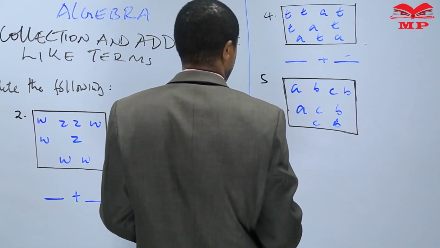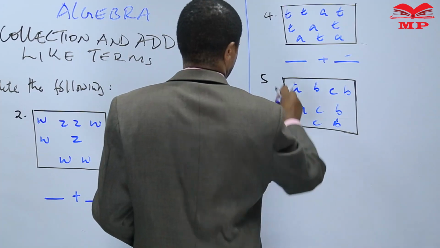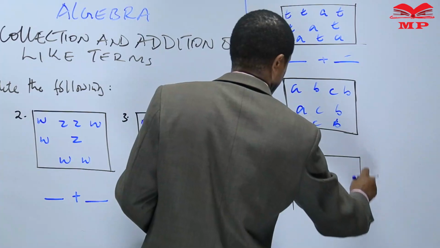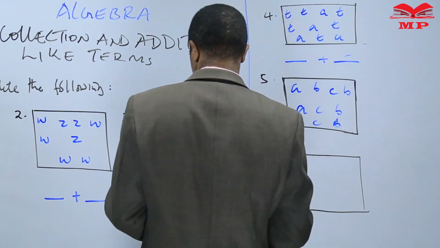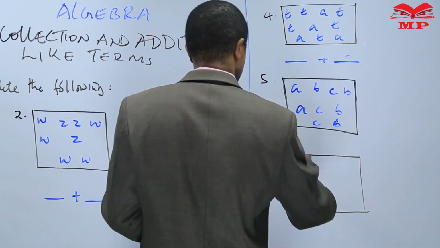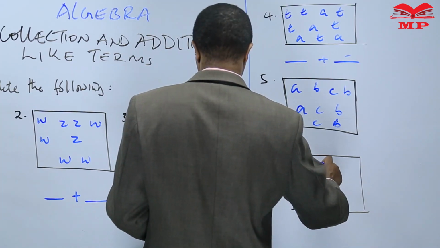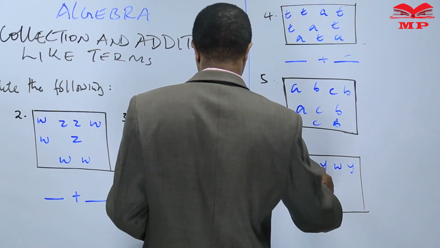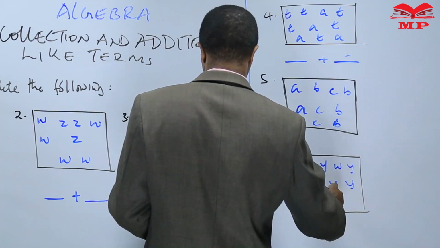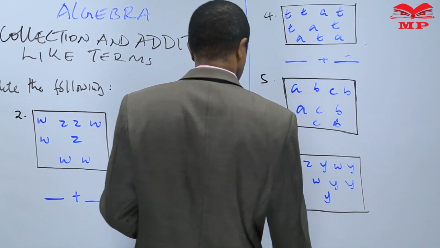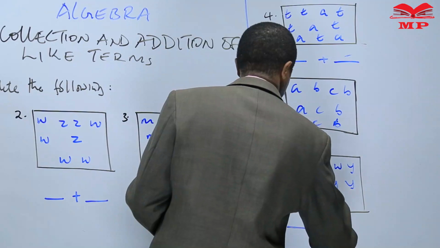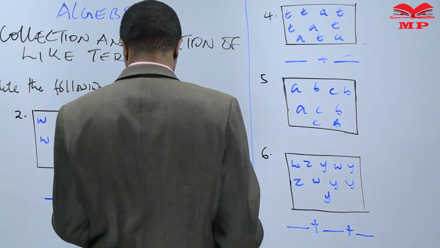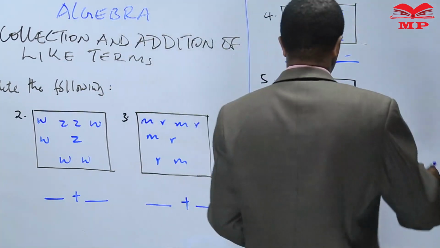Then number 6, I have another box. Box number 6. W, Z, Y, W, Y, Z, W, Y, Y, Y. So we have dash plus dash plus dash. Then number 7.